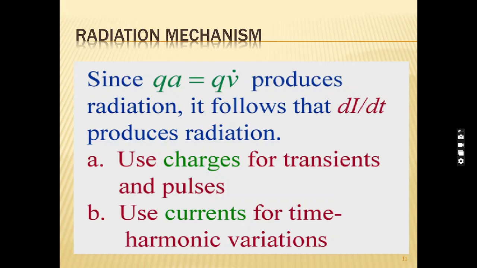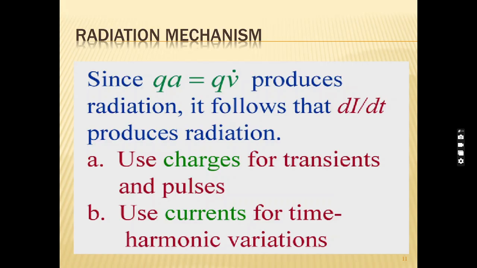So instead of examining all current densities, we can concentrate on the wire, where dI by dt is equal to q into dv by dt, which is q into a. So that is nothing but q a equal to l dI by dt produces radiation.